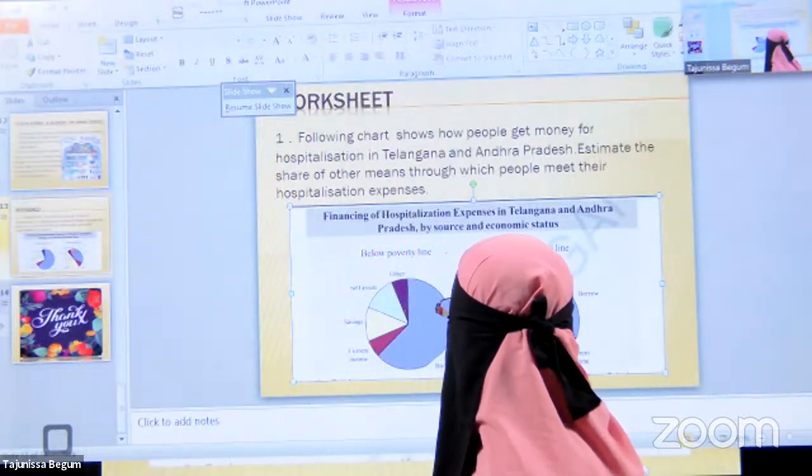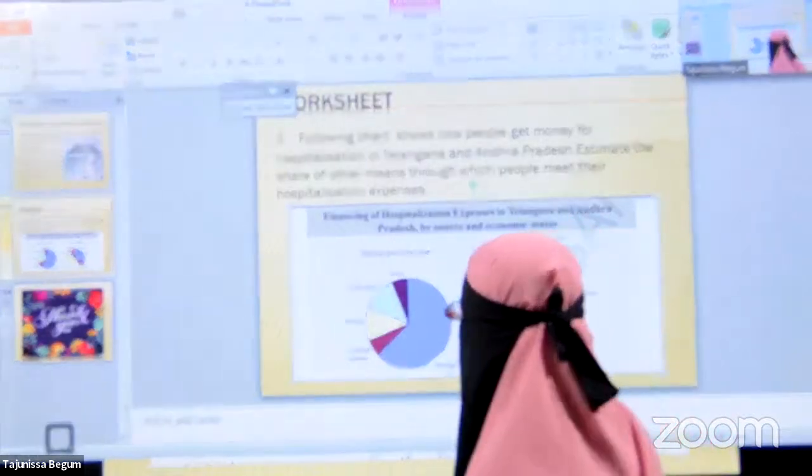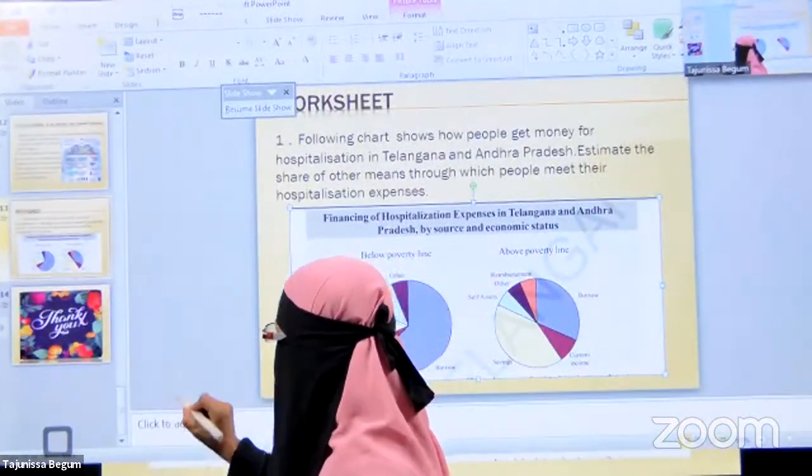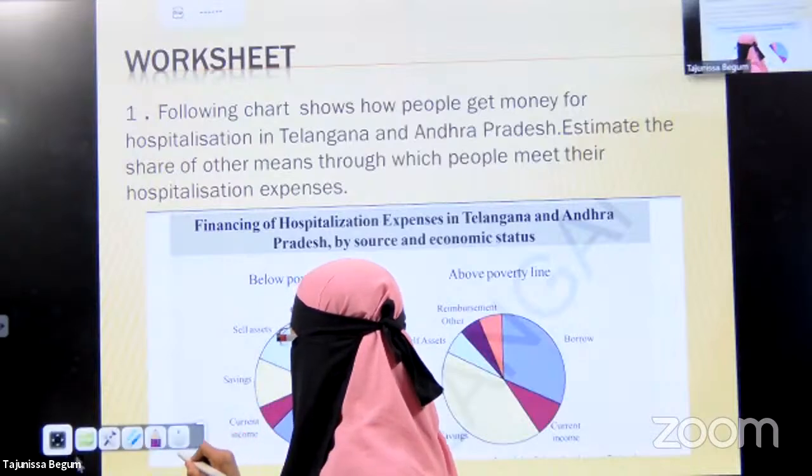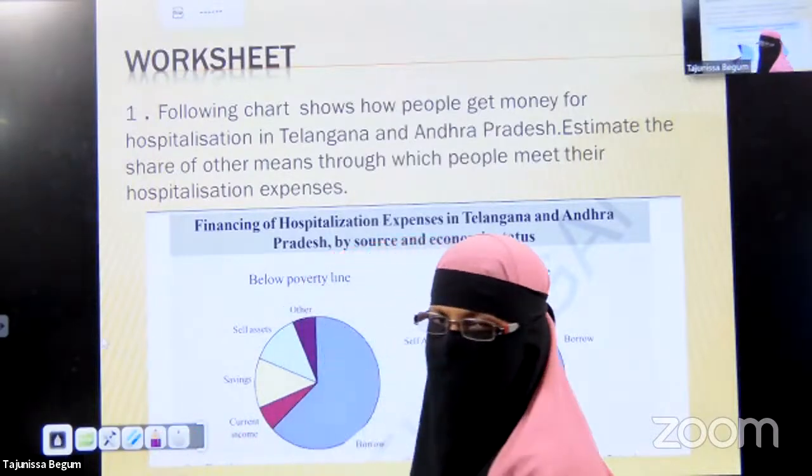You can see below poverty line and above poverty line here. Look here, all of you, students.